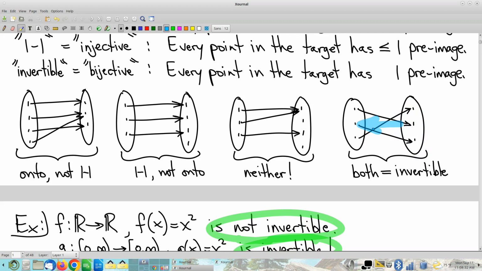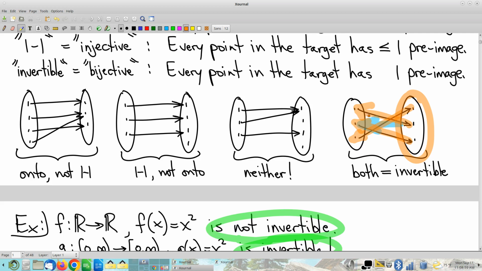And so I would need to know that for every point in what is now my domain, formerly the target, there is exactly one of what we formerly thought of as pre-images, but now think of as images for my inverse function.